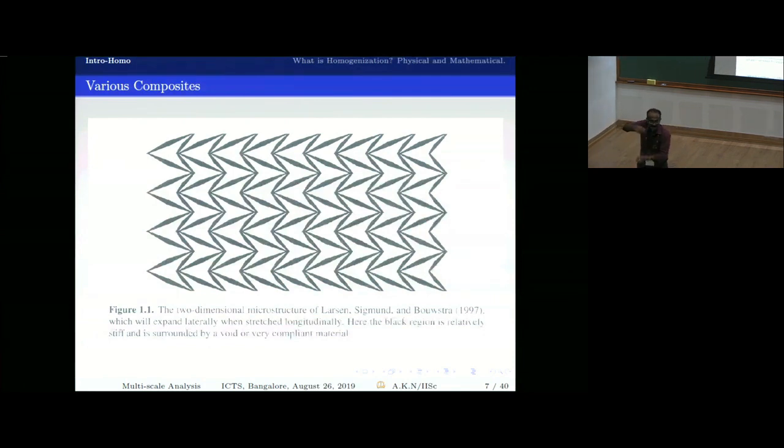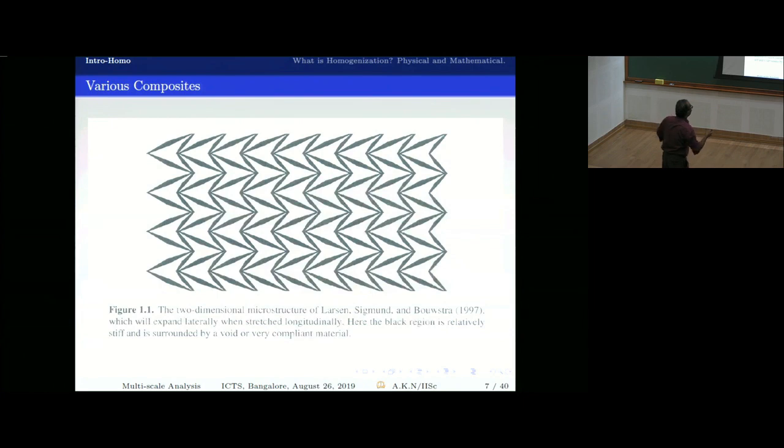Pull it, and this also increases. This is a kind of contradicting property. So you can create a microstructure which has a property that is not common. Do you see this from the microstructure? When you pull this, these are the voids; there is no material here. This is the material part.